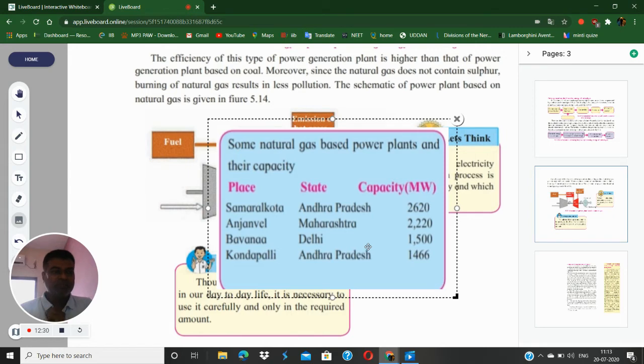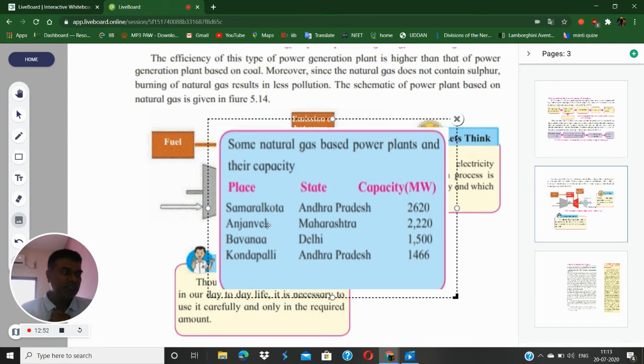We must always remember it, as it is also very important from the exam view. Some places are given here, with their states and their capacity to generate electric power. These are the given informative data.